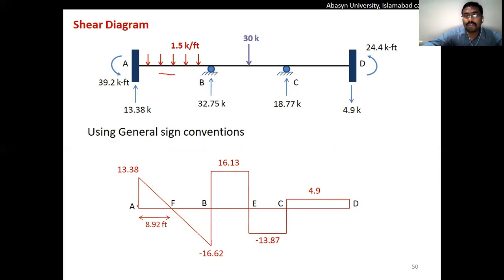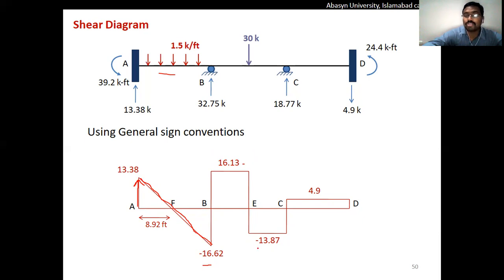We will move upward to the value at point A, then we will move downward due to loading in the downward direction. So when the loading is downward, the slope will decrease till point P, because the loading is acting on the entire frame. Again, the value at point P will be summed up with the reaction, and it will move upward towards the point of 16.13. Then you will go downward due to the applied load of 30 kips.